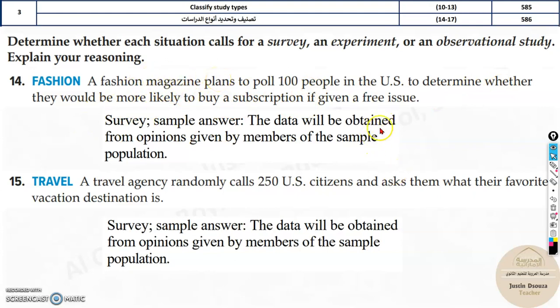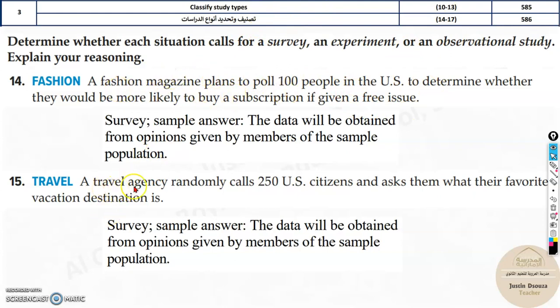Because this is data obtained from what they are telling you, like filling in a questionnaire, whether they want yes or no. That data obtained is opinion, that's why it's a survey. Whereas if it was an experiment, they were supposed to do something. If it was observation, you're comparing. No, this is just telling some answers.